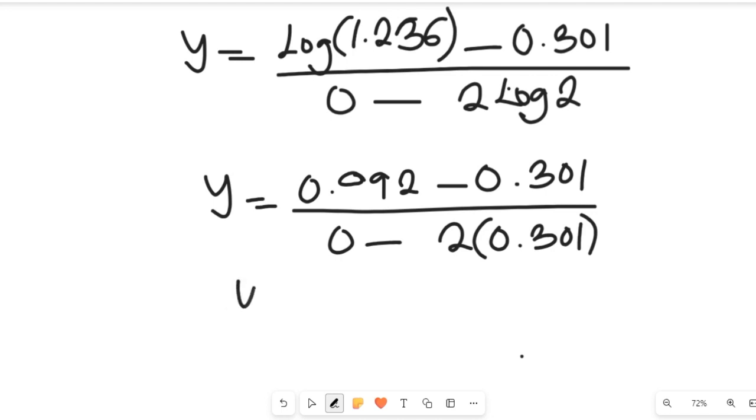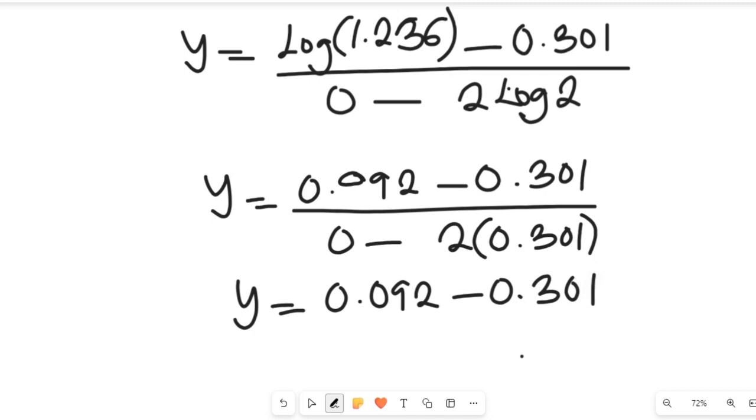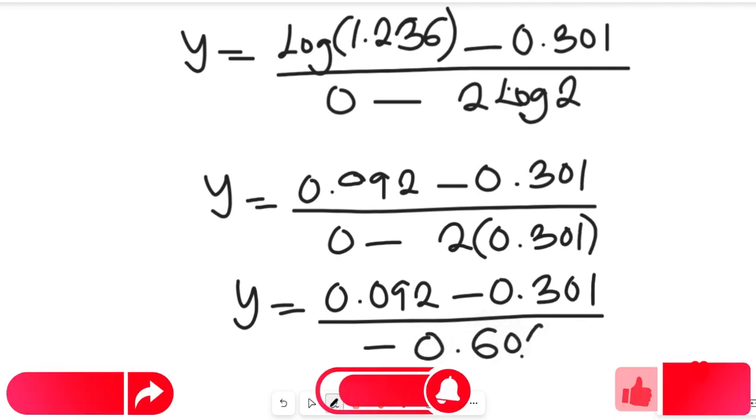So y is going to give us 0.092 minus 0.301 divided by, this is going to give us a negative 0.602.